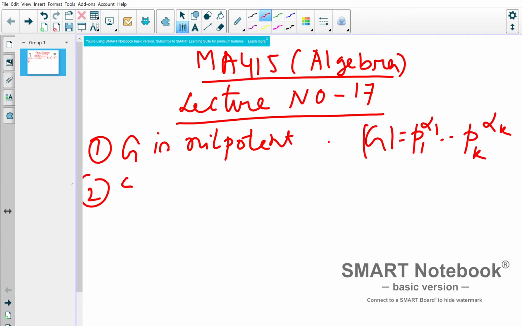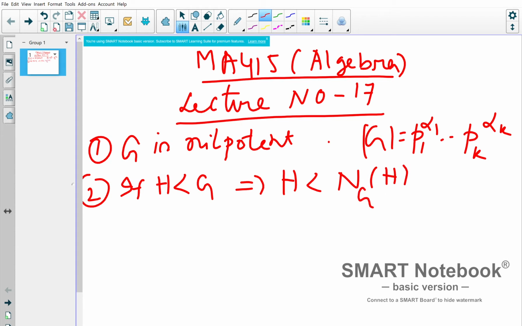That is, if H is a proper subgroup of G, then H is a proper subgroup of the normalizer of H in G, right?